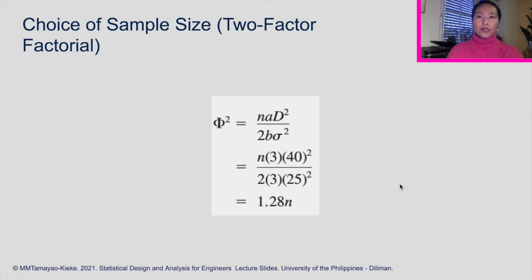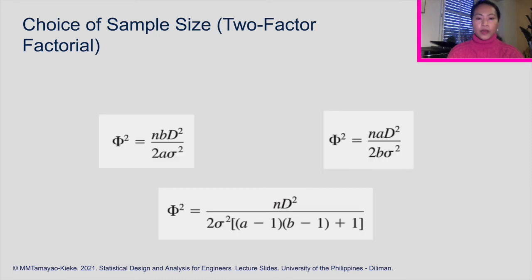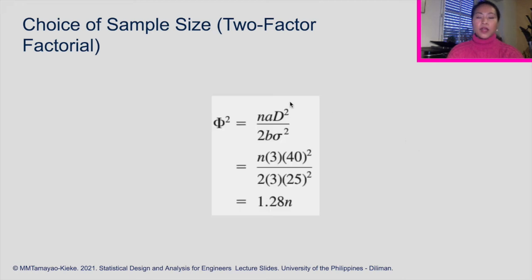Assuming that the standard deviation in battery life is 25 hours, we can use this equation to derive the minimum value of phi squared. Recall that this one is to be used if we are looking at column treatment average differences, so that's why we're using this.